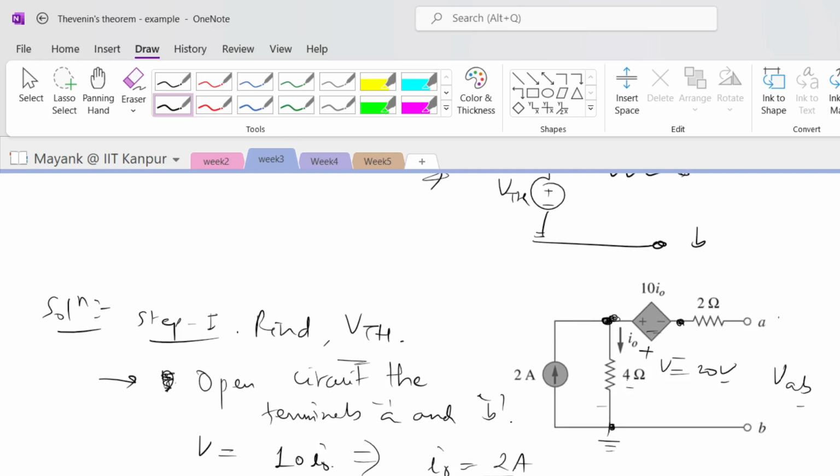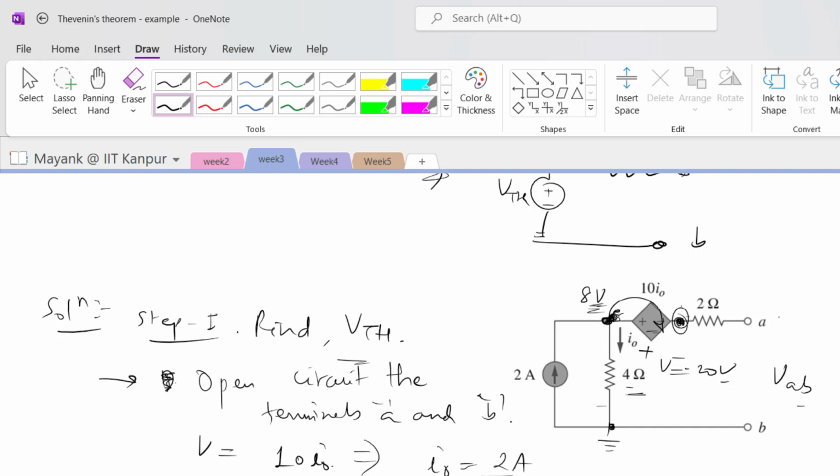So this 2 ampere current is going to flow through this 4 ohms, right? So the voltage here is equal to 8 volts, and the voltage across these two terminals is equal to minus 20 volts, fine. So this node is at a higher potential compared to this node. Going from here to here, I will see a voltage drop of 20 volts.